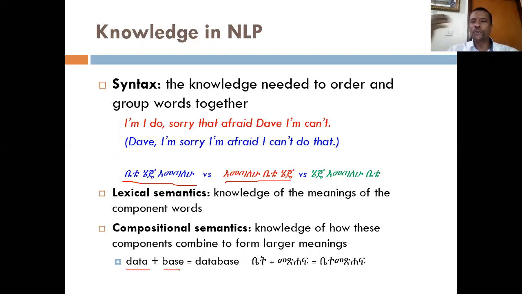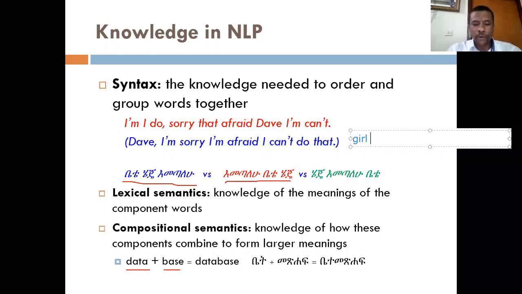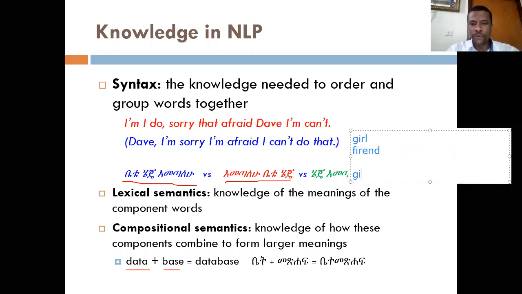It's even beyond that. And to make it even easier, what do you understand if I write this one? We have the word girl, right? And we have the word friend. We have these two words. Now, what if I have girlfriend?